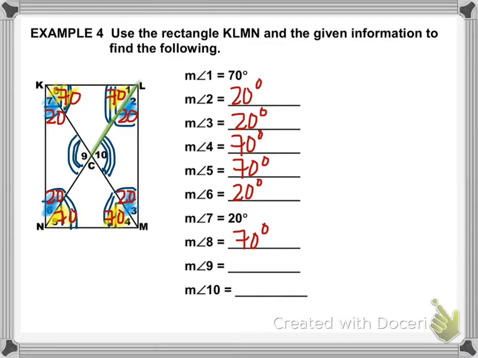So for example, if I'm looking at this triangle, I've got two angles that are both 20, and then this angle 10 that I need to find, which is going to be the remaining angle that adds to 180. So if I already have the two 20s, that's 40. So angle 10 needs to be 140 degrees, which means angle 9 is also 140 degrees.